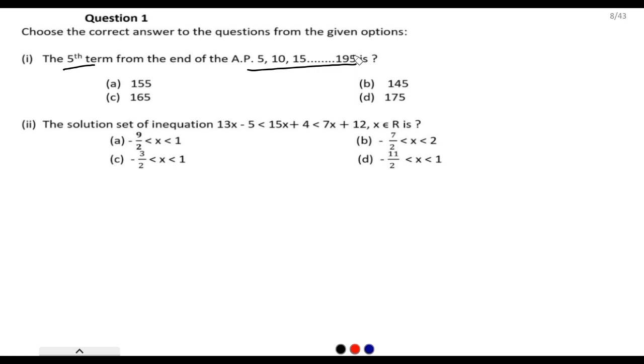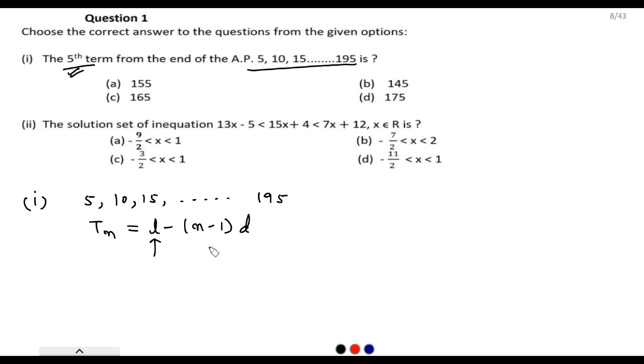It is a very good question and there are 3 methods to solve this question. First method, which I will prefer, is that you can use the direct formula to find a term from the end: Tn is equal to L plus n minus 1 into D. Simply put L in place of A and minus sign in place of plus sign, because if this is an AP from the beginning, it will also be an AP from the end.